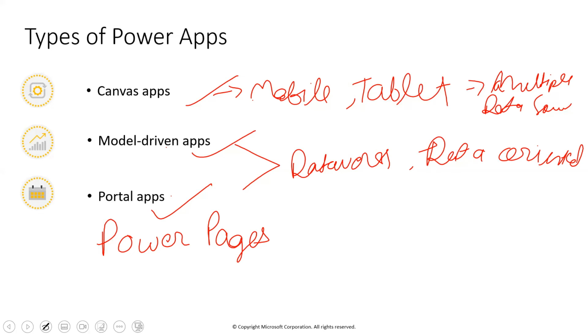Microsoft is introducing Power Pages, which will give another level of customization options for our websites. Maybe after some time we'll be able to access Power Pages also. So these are the different kinds of applications we have in the Power Platform.